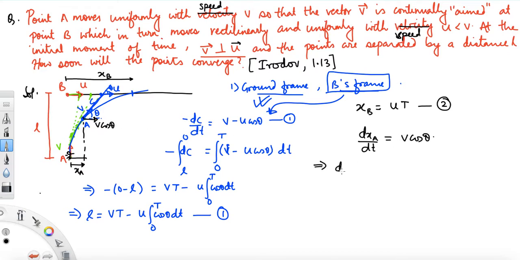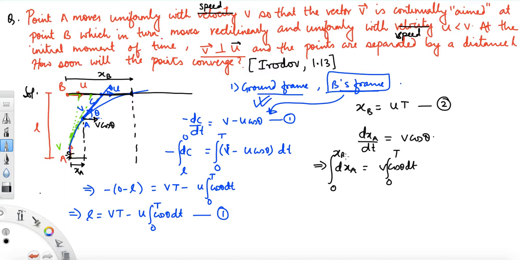So if we integrate it, we get integral dxa is equal to v cos theta dt integral. V is constant, so let it come out of the integration, 0 to t. Now look here, when it meets, the x coordinate of A is going to be xb only, because both of them are meeting at the same point, and so their horizontal components xb and xa are going to remain the same.